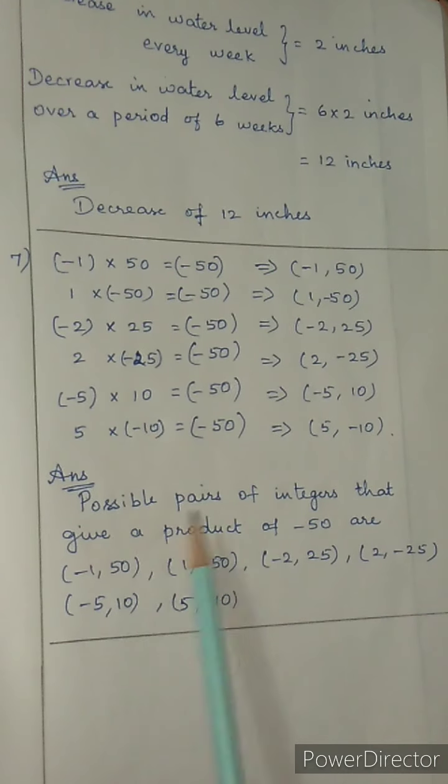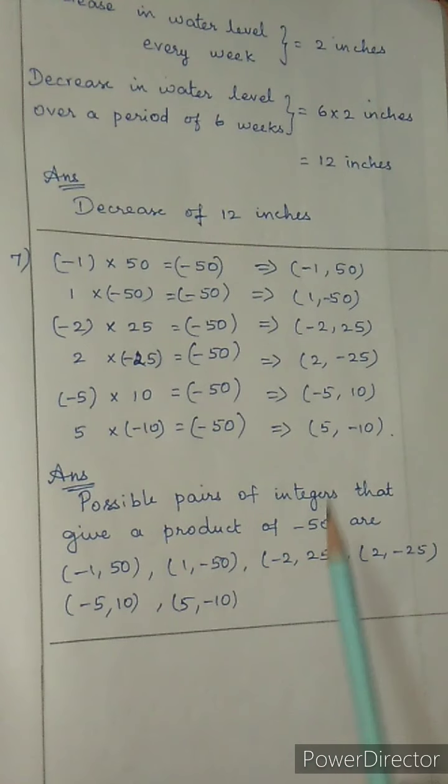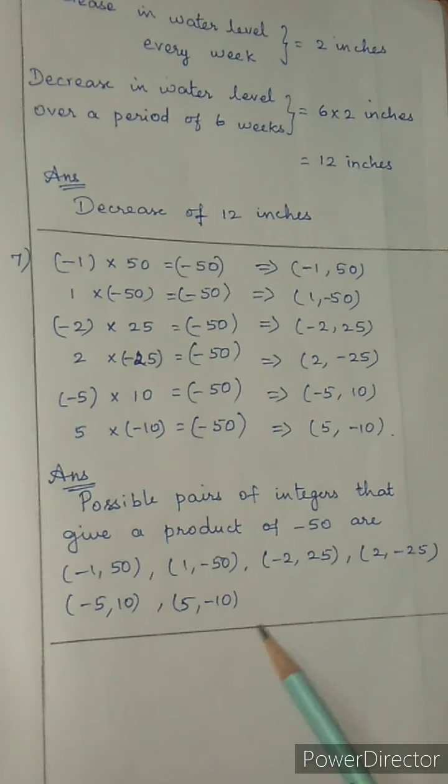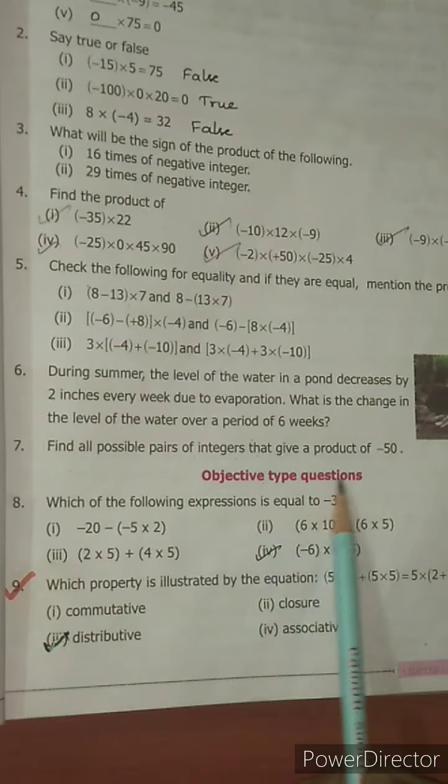Answer, possible pairs of integers that give a product of minus 50 are, write down all these pairs. Page 21, objective type questions.